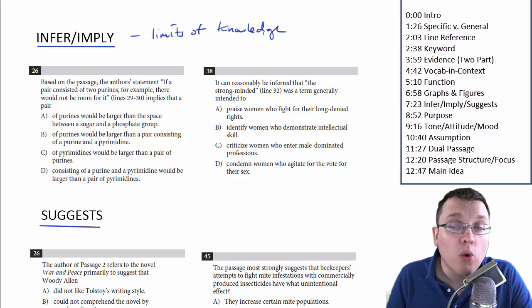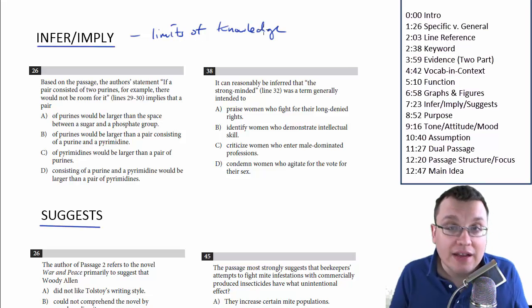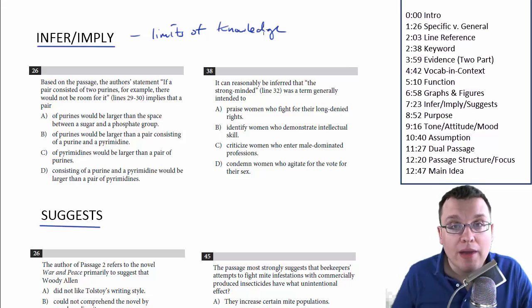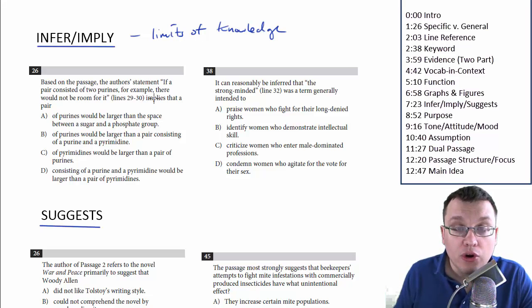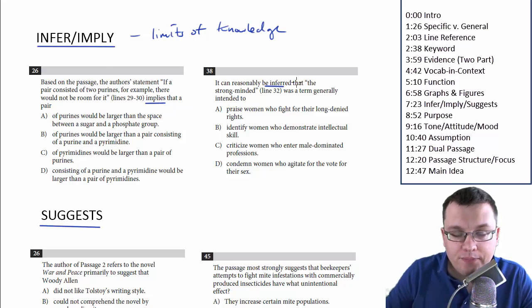There are limits to what you can imply or what you can infer or what can be implied by a passage. So keep that in mind. This is not a freewheeling activity. There are limits. We will talk about how far your inference can go. But of course, the key words in these questions are going to be implies and inferred.